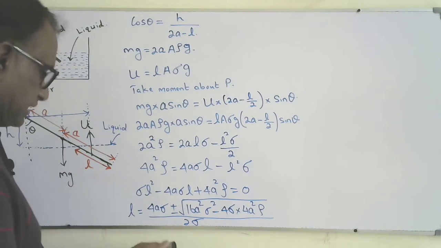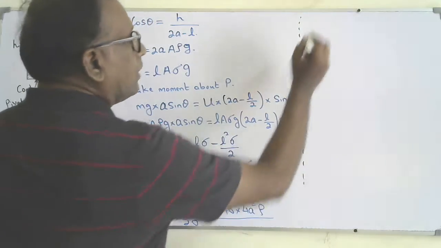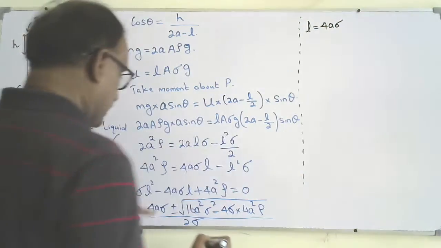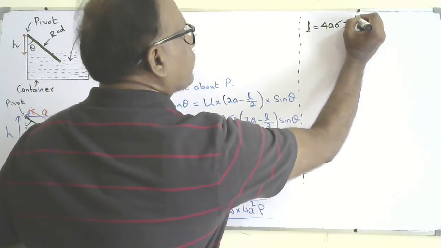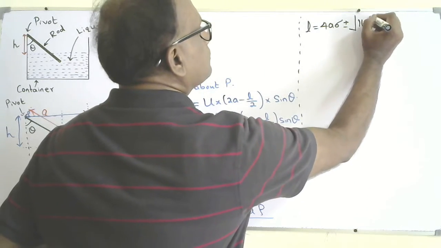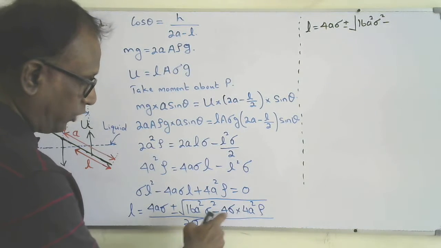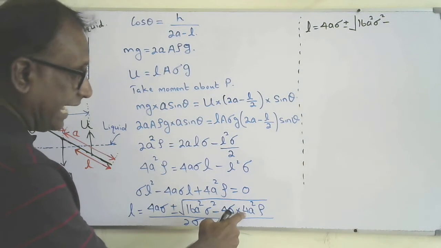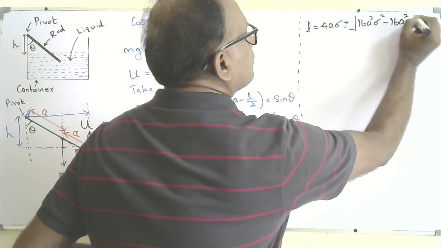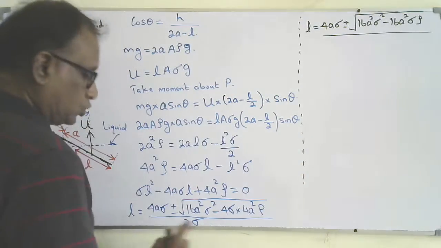Okay, I can continue this equation further. Again, I'll write it here. L is equal to 4a sigma plus or minus square root of 16a squared sigma squared minus 4 sigma times 4a squared rho, so 4 into 4 is 16, 16a squared sigma rho, over 2 sigma.